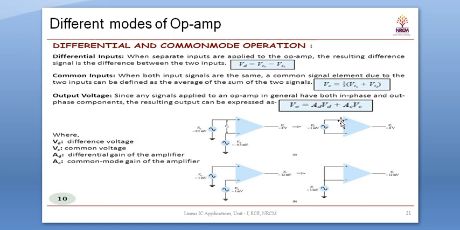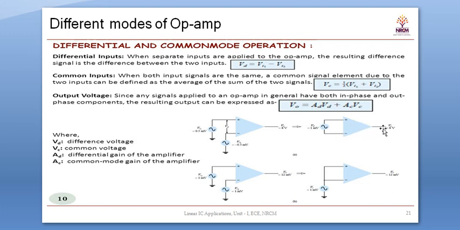If you are applying the same input voltage, the VID is equal to 0, and since VID is equal to 0, the output voltage should ideally be 0. So in the common mode configuration, the output voltage should ideally be 0, but practically there exists some voltage, even though you are applying the common signal to the inverting as well as to the non-inverting input terminal.